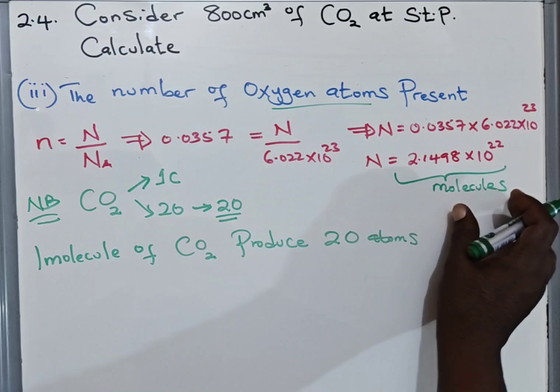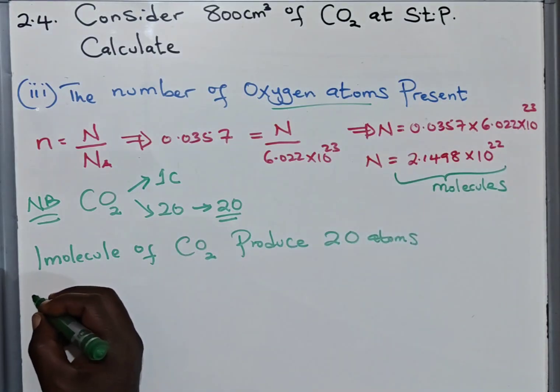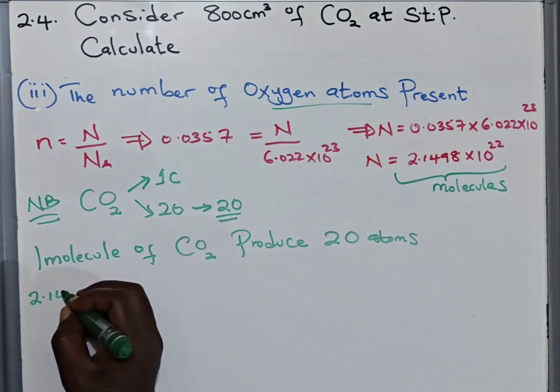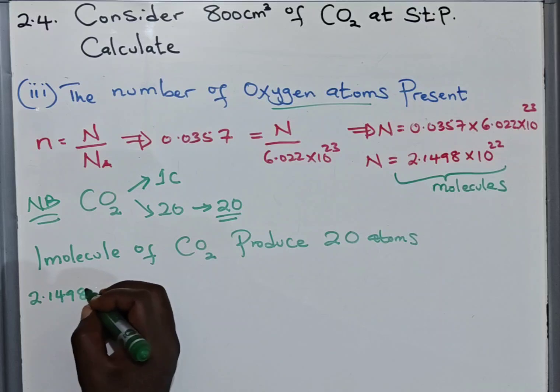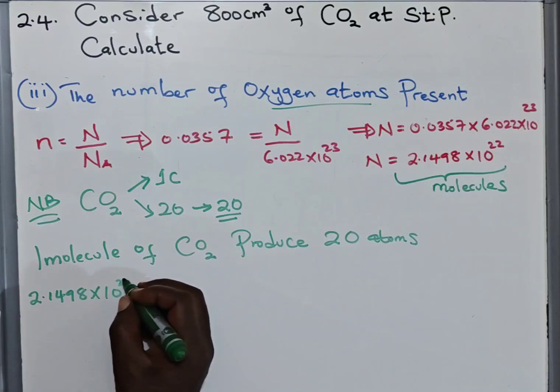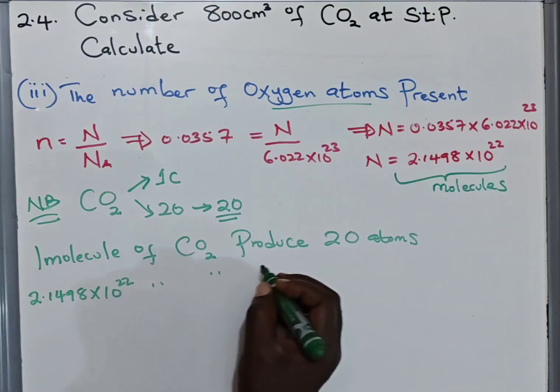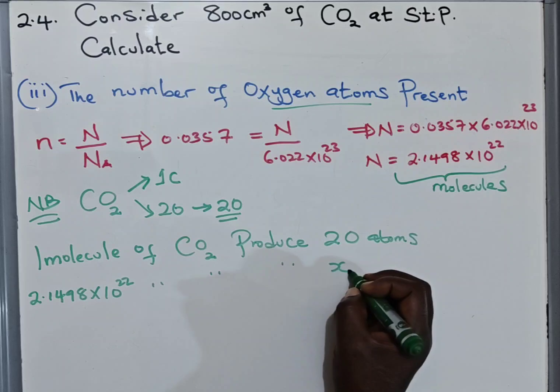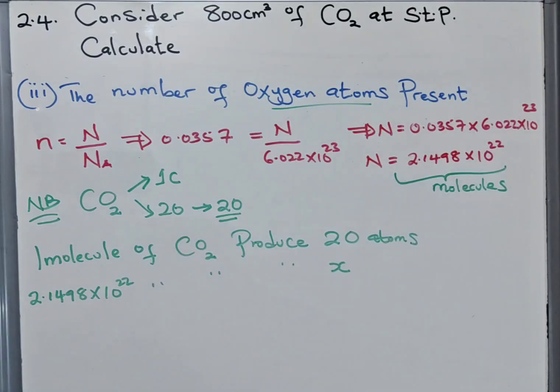And we know this number of molecules. What are they? They are 2.1498 times 10 power 22 of carbon dioxide will give you X. So what do we do here?